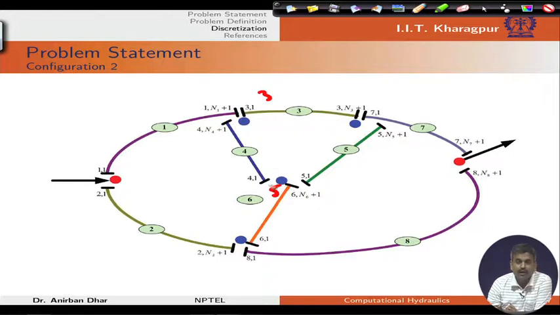So, I should start channel section 1 at section or channel junction 5, and it should end at 3 with N4 plus 1. Now, this is a numbering scheme, that means now I am considering the flow is from 1 to N4 plus 1. So, that is my convention that from 1 to N4 plus 1 it should be positive.